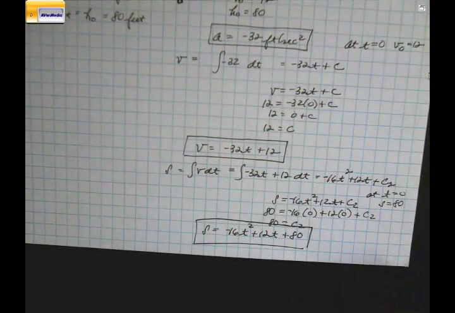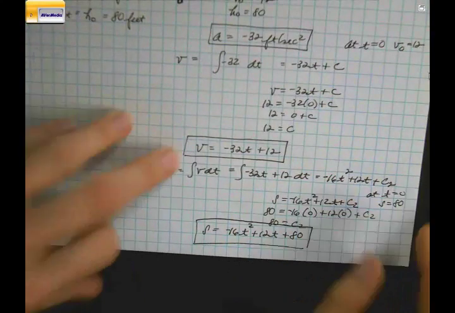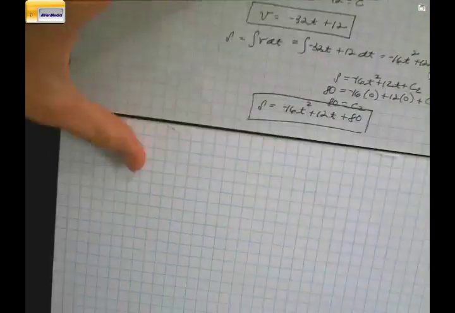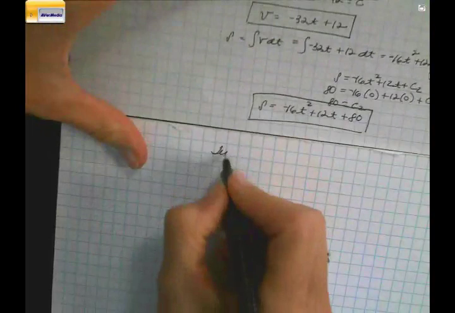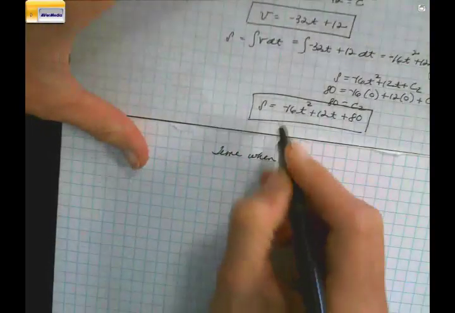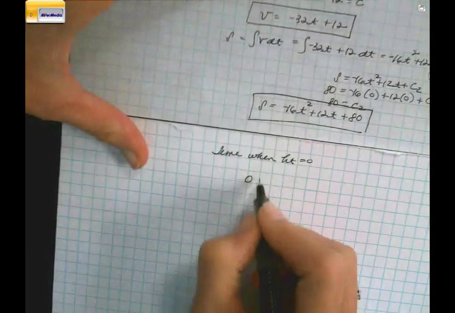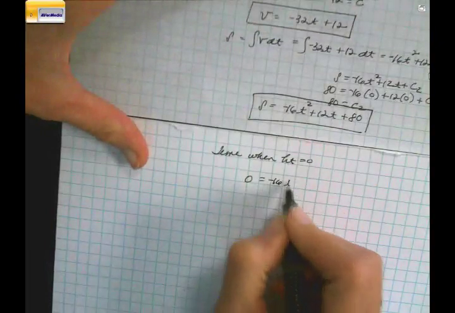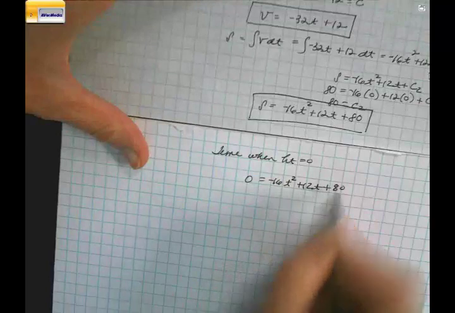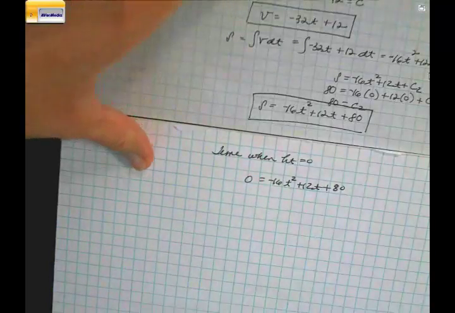Time when height equals 0. Time when height equals 0 is your position function. 0 equals a negative 16t squared plus 12t plus 80. Solve this for t.